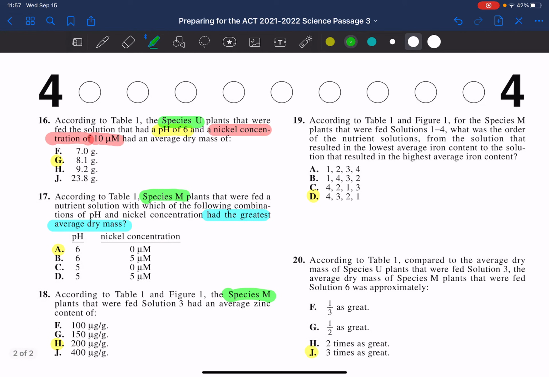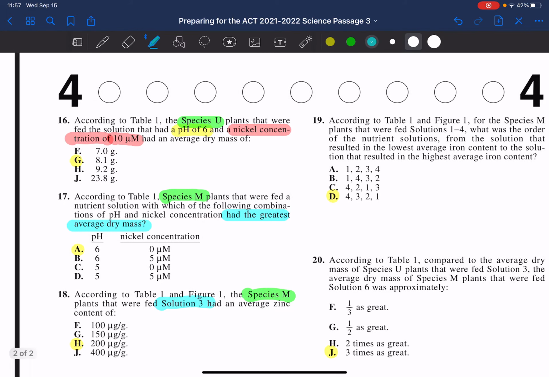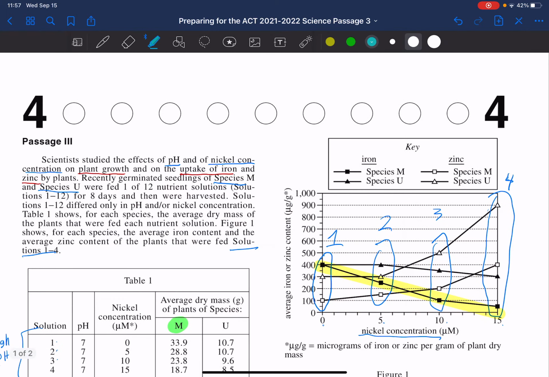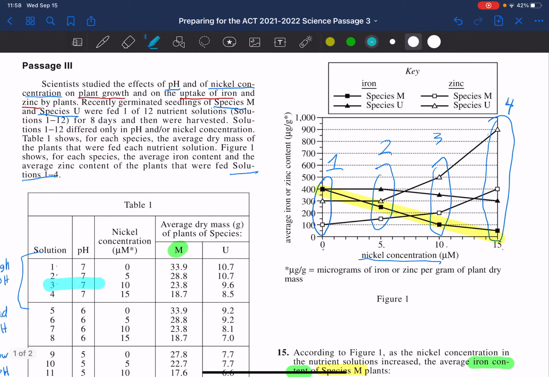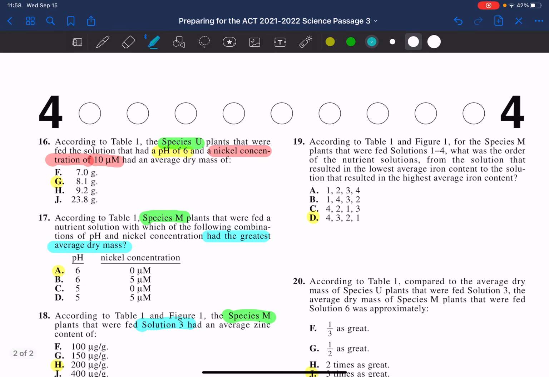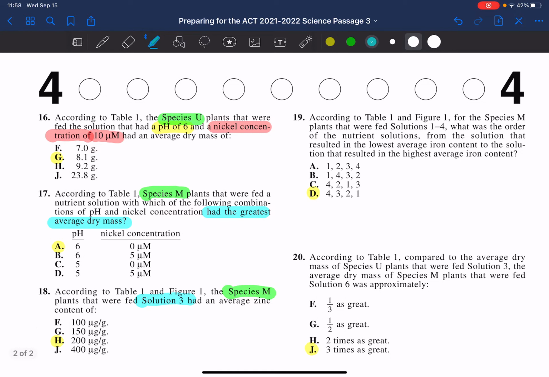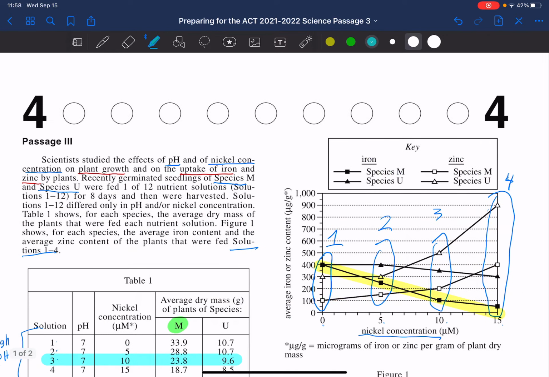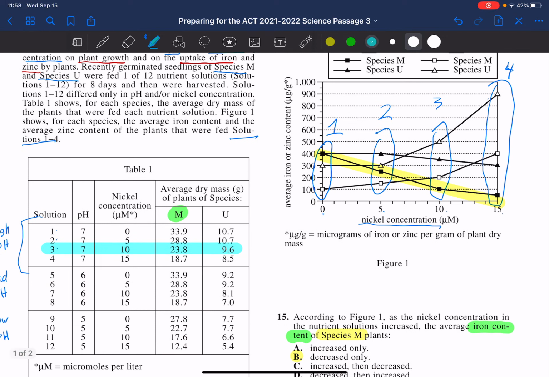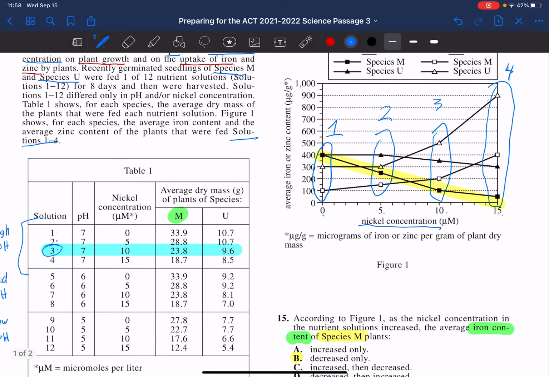Plants that were fed solution 3. All right, so here we're talking about solution 3, right there. Had an average zinc content of, all right. So we need the table to tell us which solution we have, and that is solution 3.